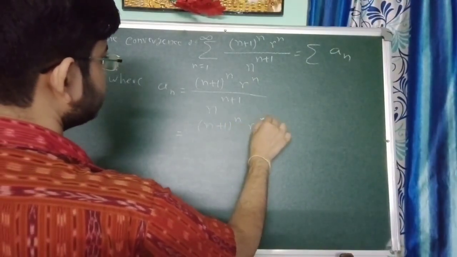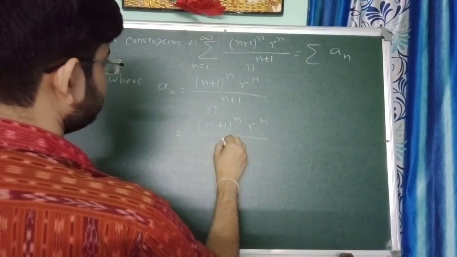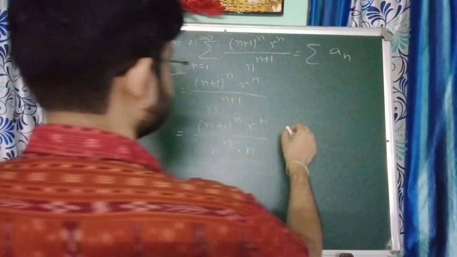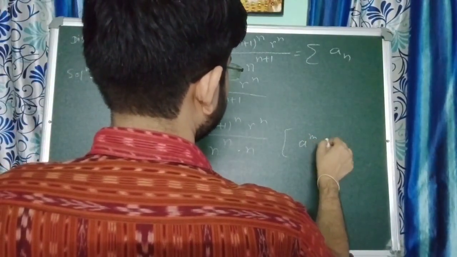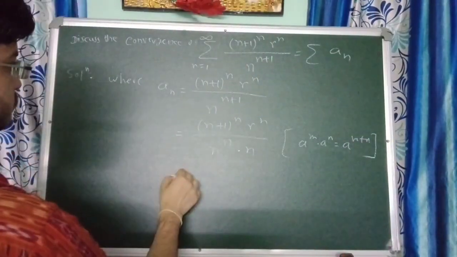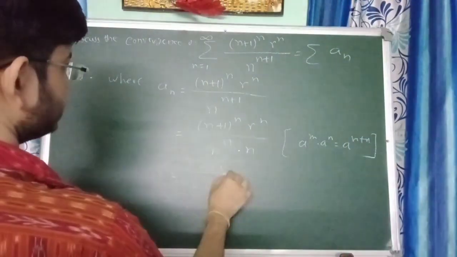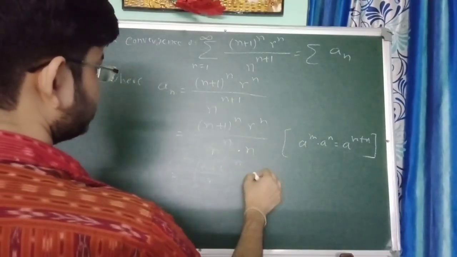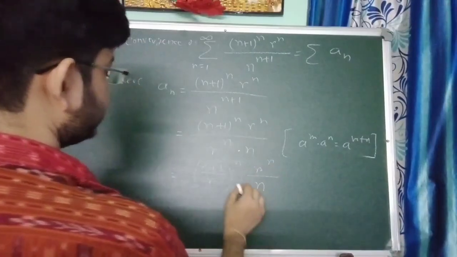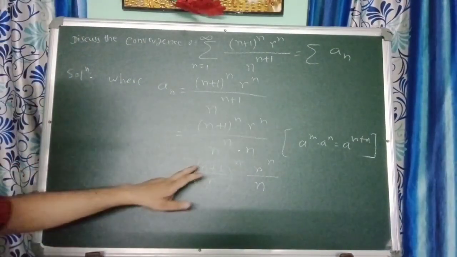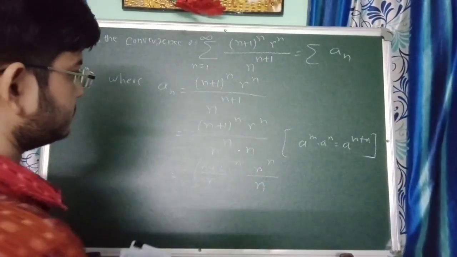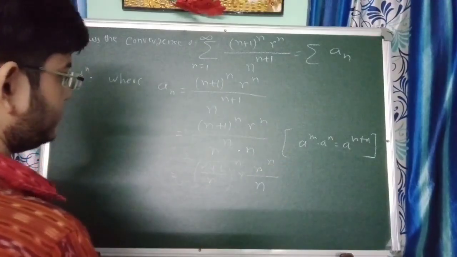This also can be written as n to the power n into n, since you know that a to the power n into a to the power n equals a to the power n plus n. So this also can be written as (n plus 1) divided by n to the power n into r to the power n by n.